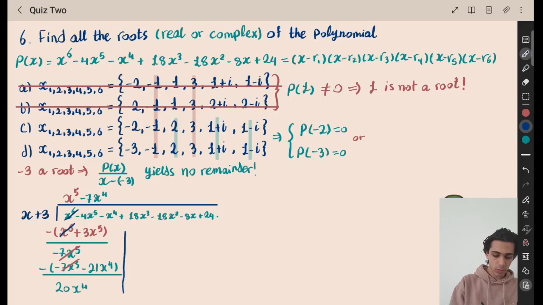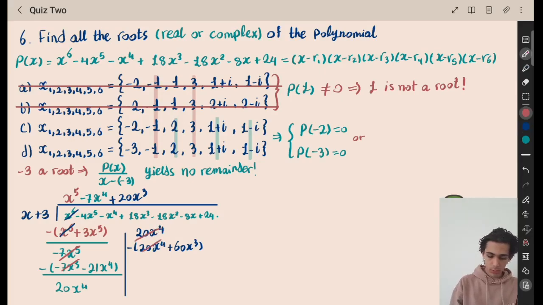And we continue. So we have 20x to the 4th. So if we divide this by x, we get 20x to the 3rd, and then 20x to the 4th, plus 60x to the 3rd.